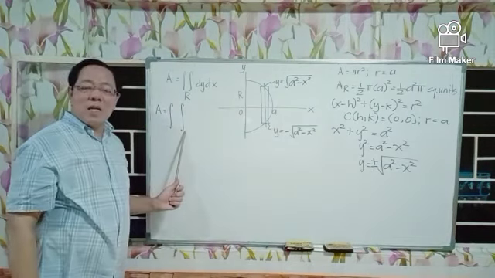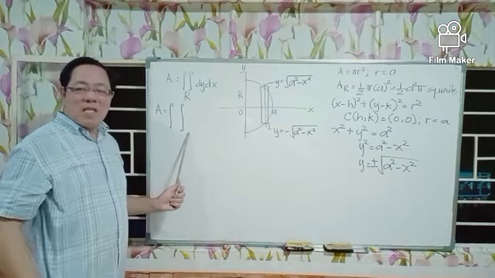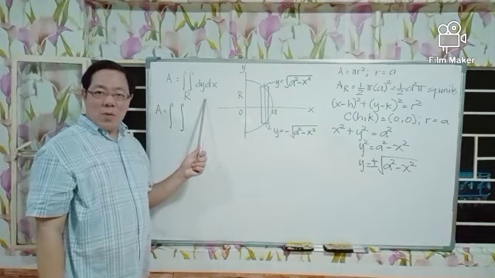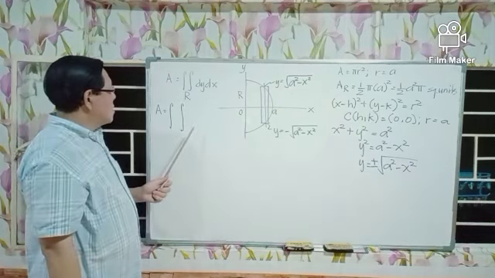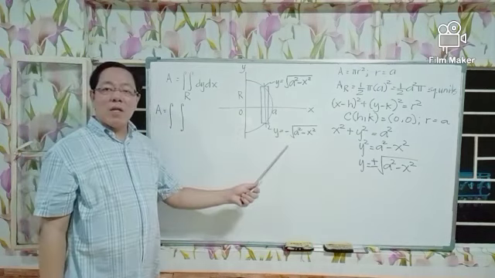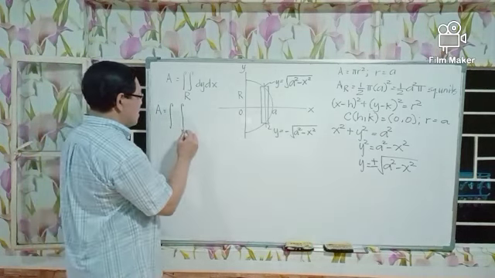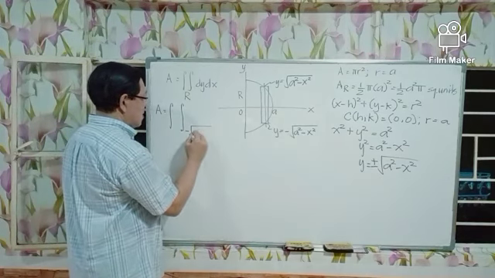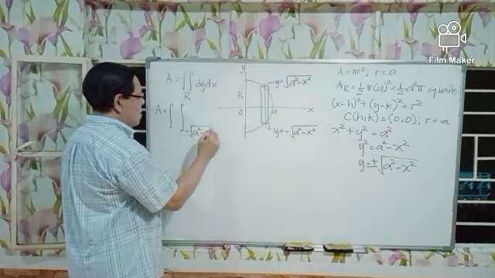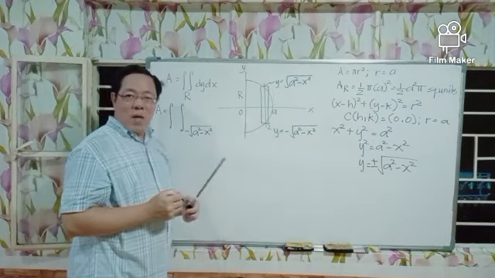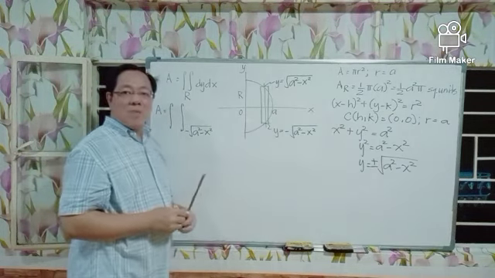As we set the limits of the second integral from the right to integrate dy, the lower limit will be minus square root of a squared minus x squared, and the upper limit is the square root, the principal root, of a squared minus x squared.